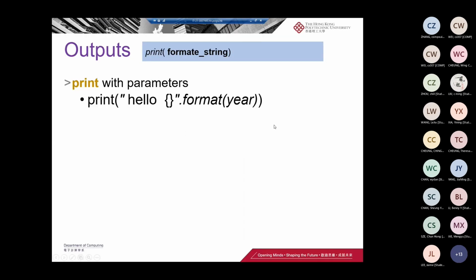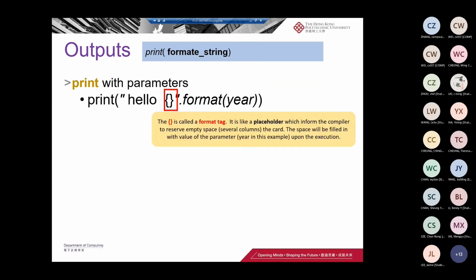So anyway, this is a way of using print with a format with parameters, and you will see here we're using a format tag. This is called a format tag. What's happening in memory, from the punch card point of view, is it's like a placeholder, which will reserve one place to print in the future.